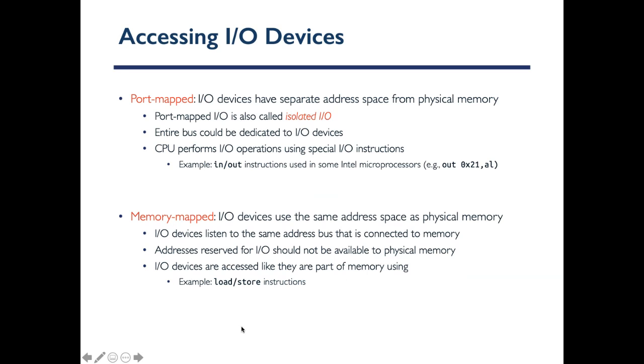But then you can use your load and store instructions to communicate with both memory and I/O. Your I/O devices are connected to the same bus that your memory is connected to, so they can realize that the CPU is talking to them if they know what range is allocated to them. They will just listen to the commands and instructions that use the addresses assigned to those devices.